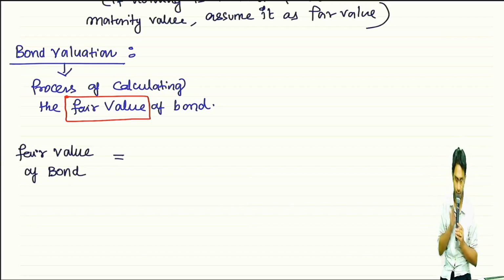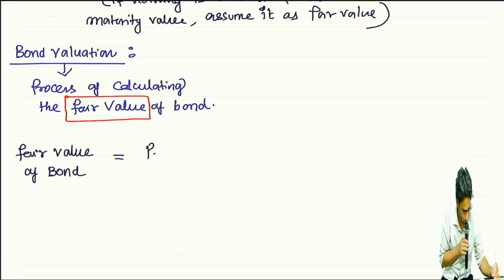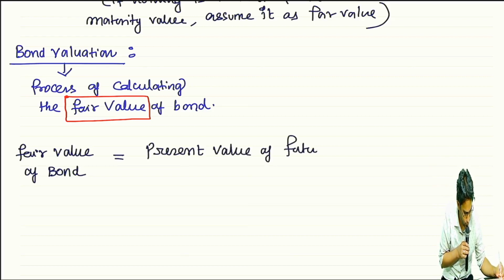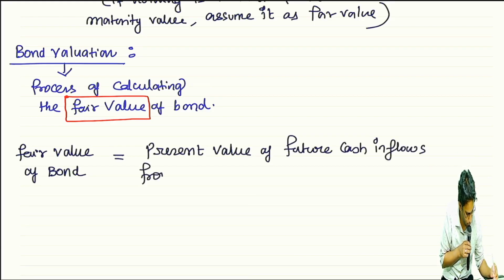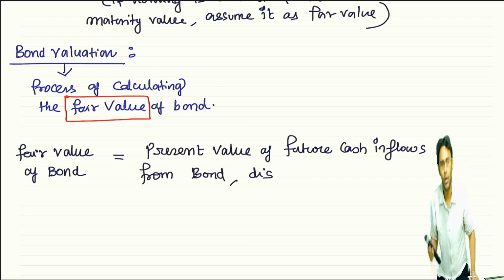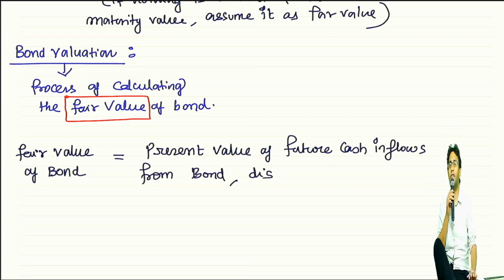Same story, sir. Fair value of bond is nothing but present value of future cash inflows from bond. Whenever you say present value, you should make effort to think that if I have to compute present value, which one should I use as the discounting rate?